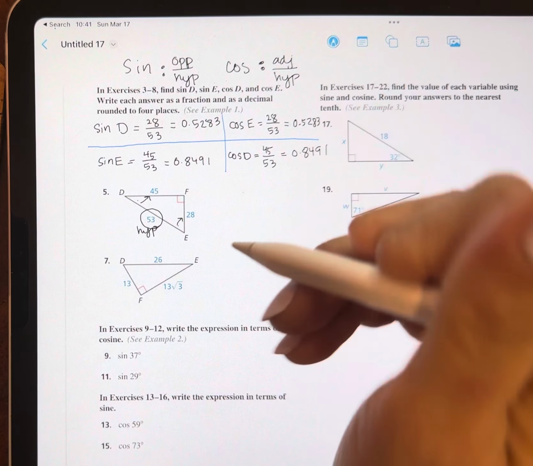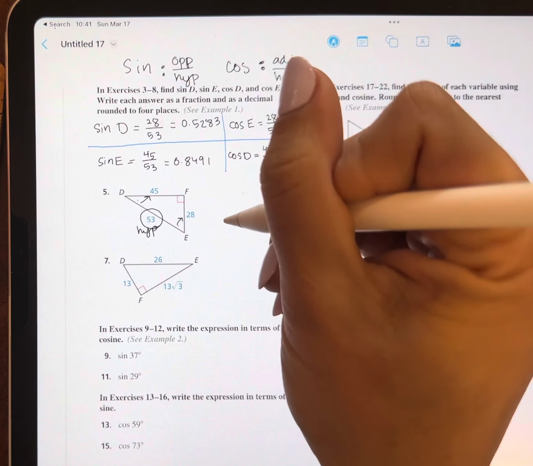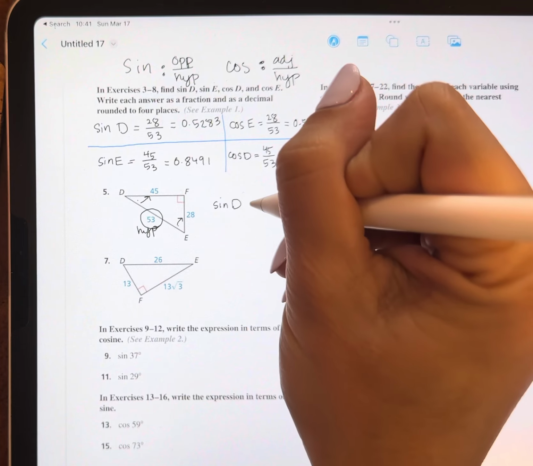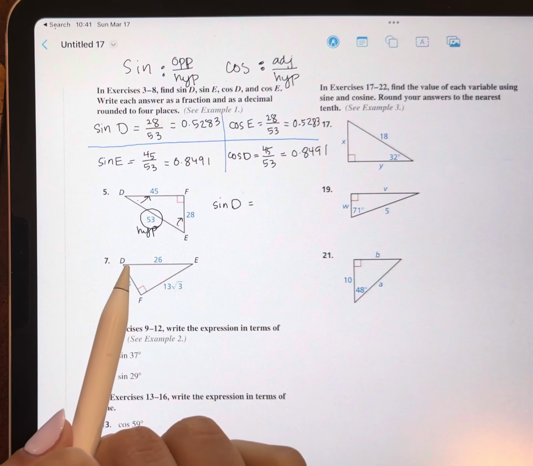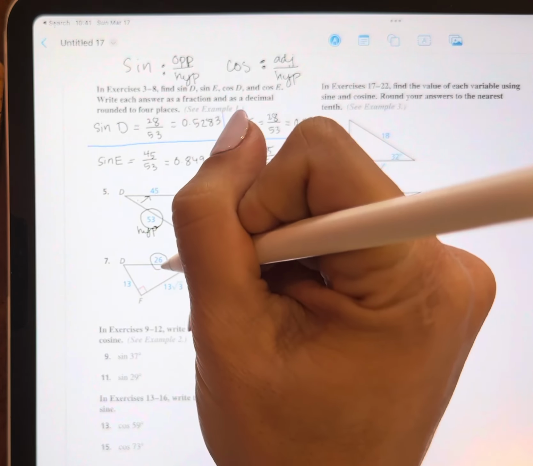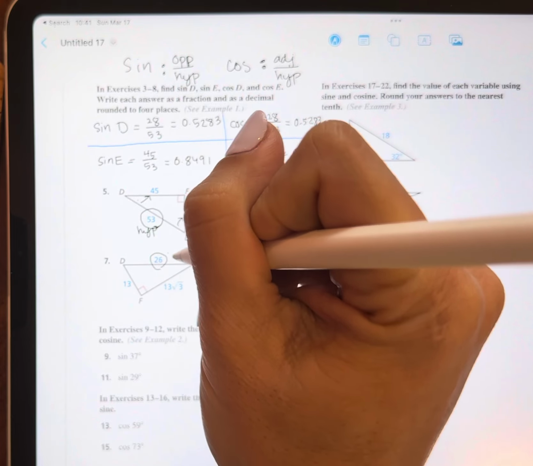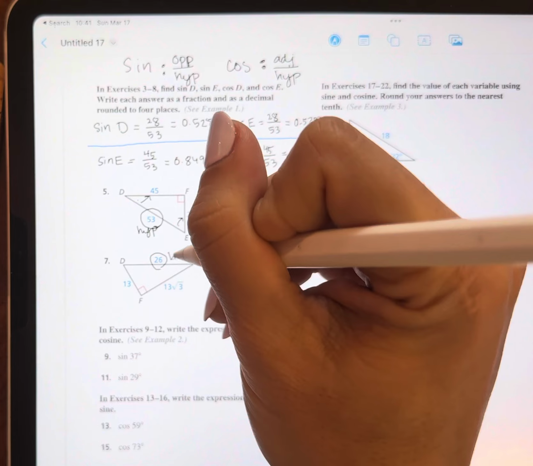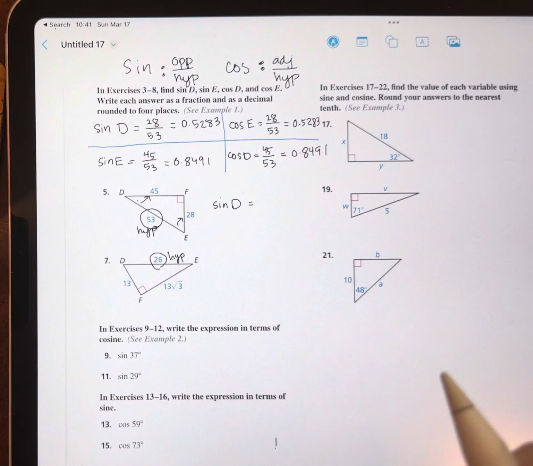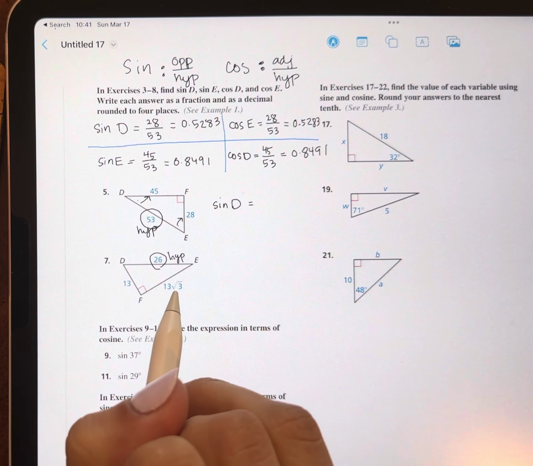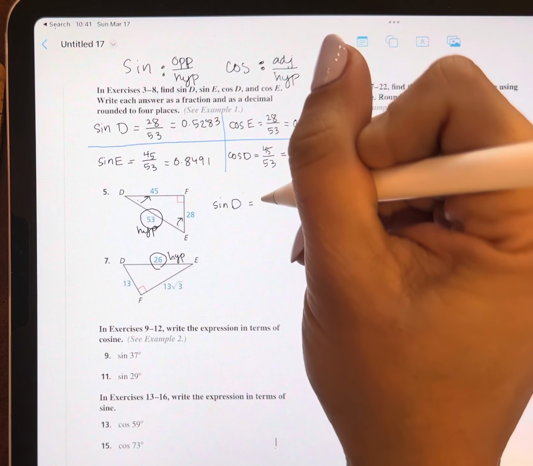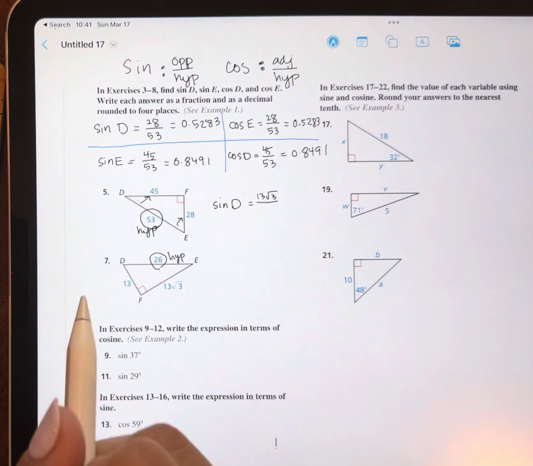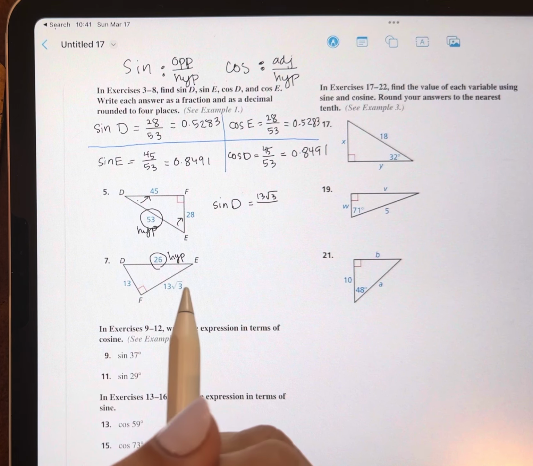Number 7. I want sine of D. From D, across the right angle is the hypotenuse. So from D, opposite is 13 root 3, over hypotenuse, which is 26.